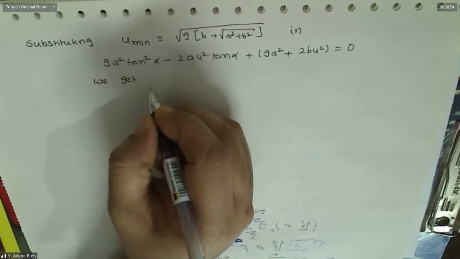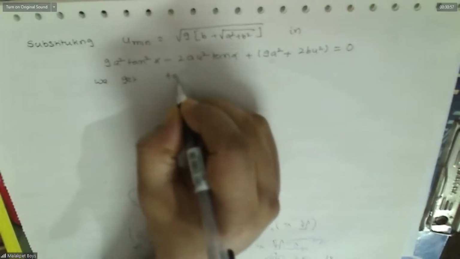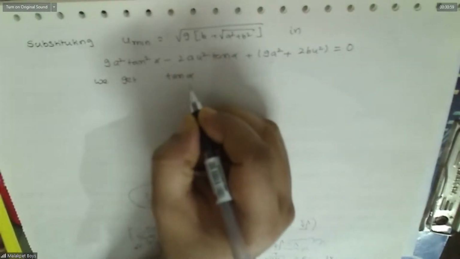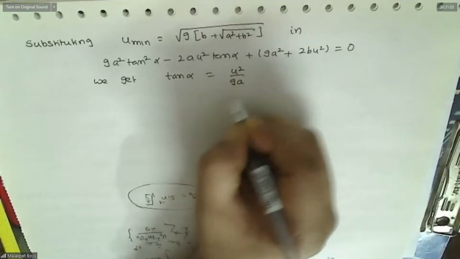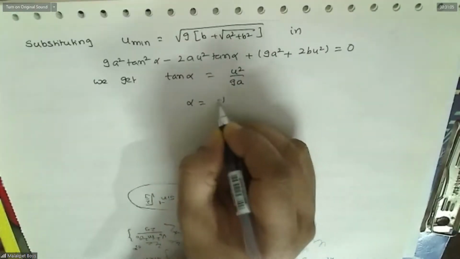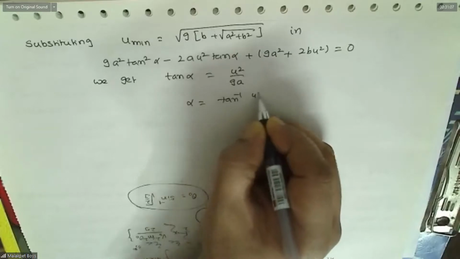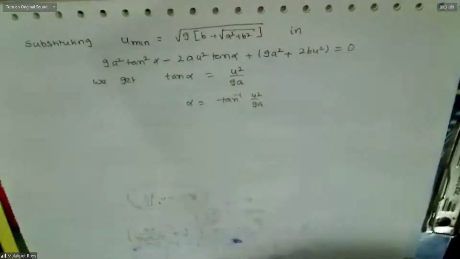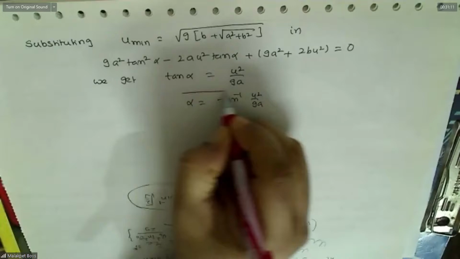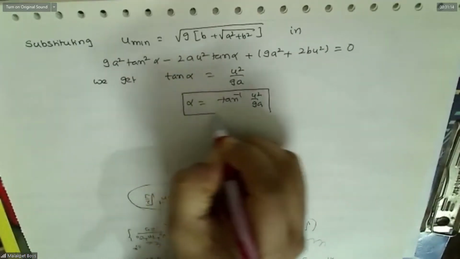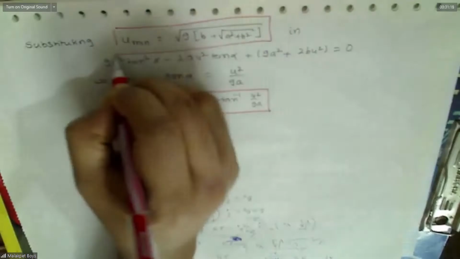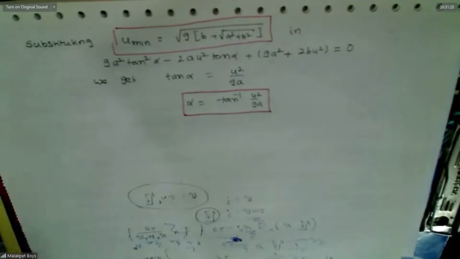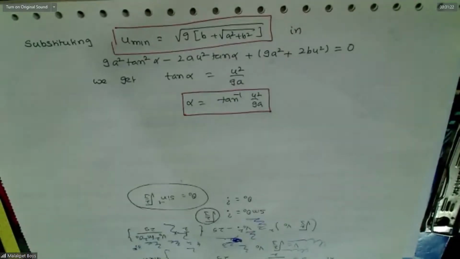If you substitute, you can try it, a long method, you will get the tan alpha value. So alpha is nothing but tan inverse of this. This is the angle of projection, and this is the minimum velocity for a particle to pass through a given point. Understood this?